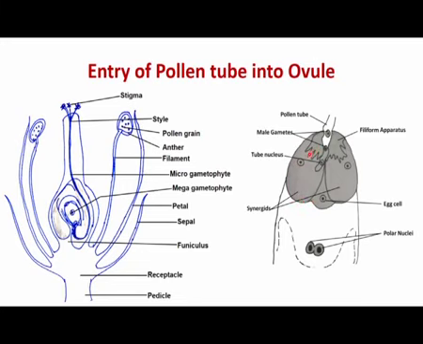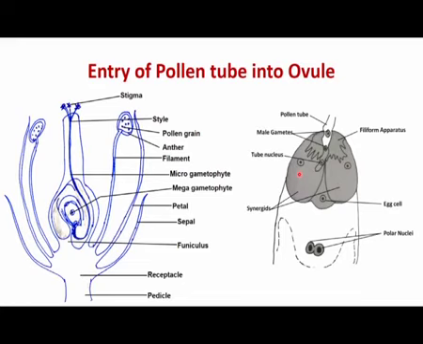The penetrated synergid starts degenerating. As soon as the pollen tube enters into one of the synergids, it starts showing degradation, and after the penetration, the tip of the pollen tube enlarges and ruptures to release the two male gametes and the vegetative nucleus into the synergid.